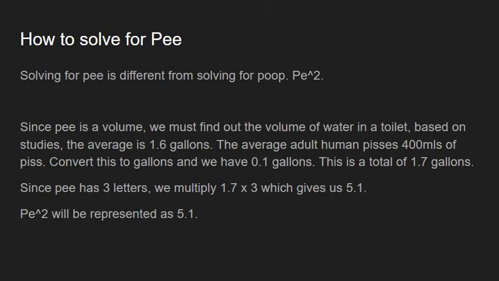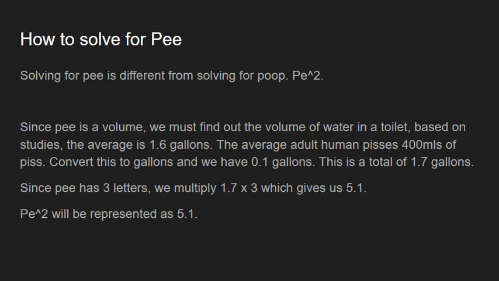Solving for P is different from solving for poop, which is PO squared. Since P is a liquid, it is obviously going to intake volume. We must find out the volume of water in a toilet. Based on studies, the average volume of a toilet is 1.6 gallons of water. The average adult human pees 400 milliliters.